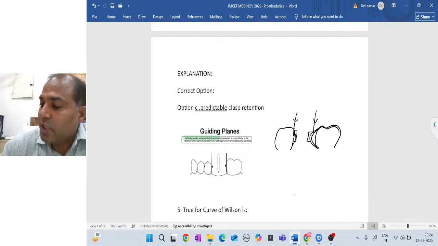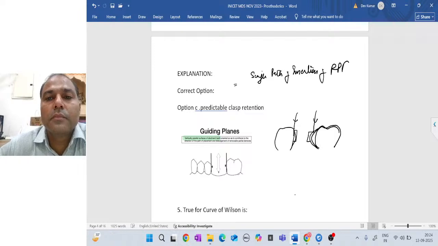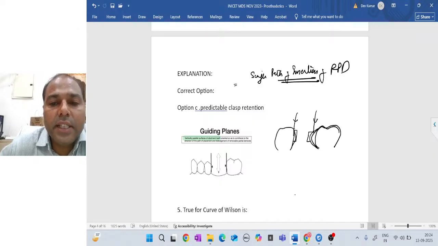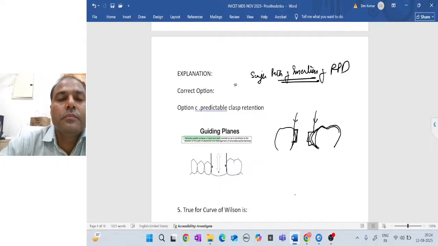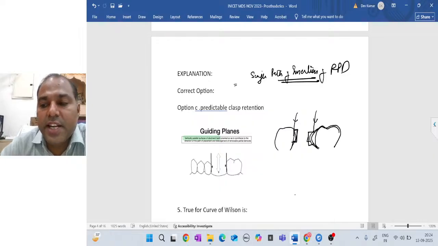Okay, so now they help in providing that single path of insertion or predictable path of insertion. Now if the RPD sits completely, that means every component is in its right place.